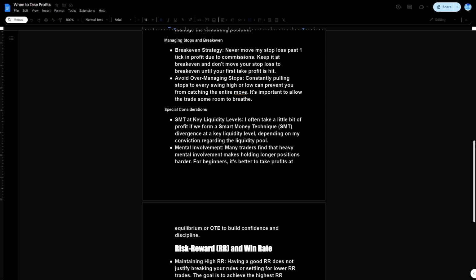If you have your original stop loss for invalidation and you pull it to break even after you hit your first take profit, and you don't touch it, there's no mental involvement, right? If you think one mini's too much to go up 400 ticks and come back to break even, go in micros.